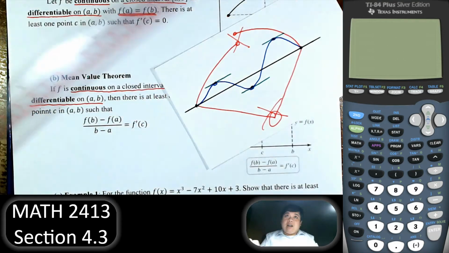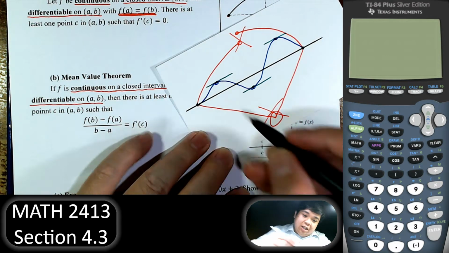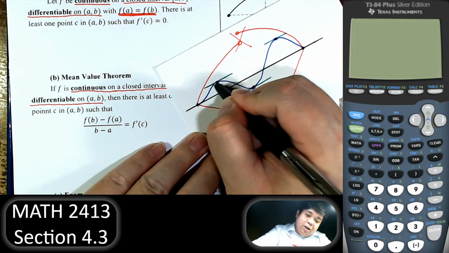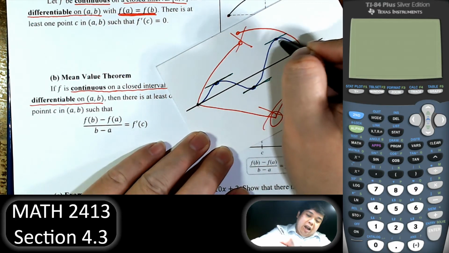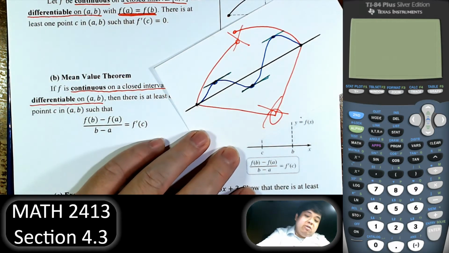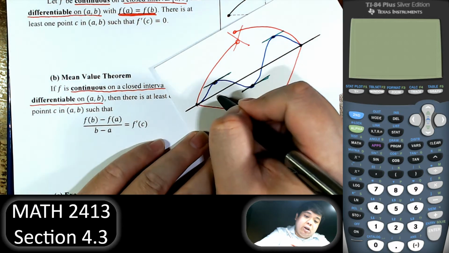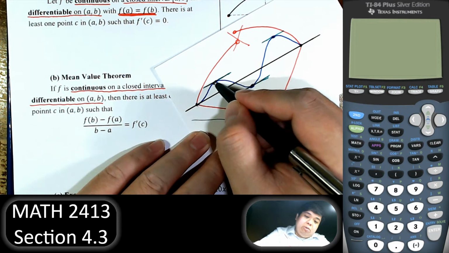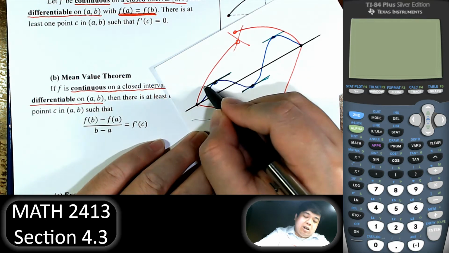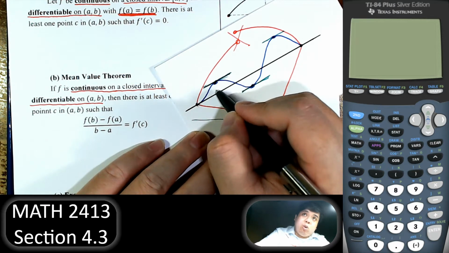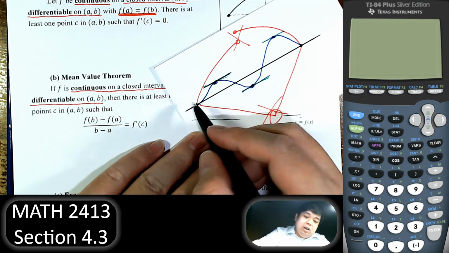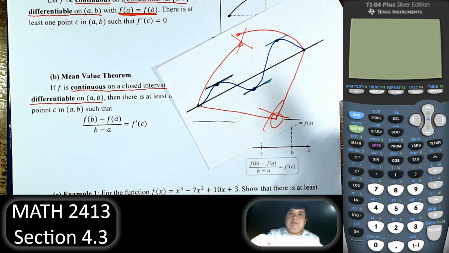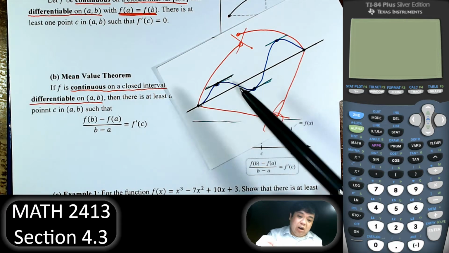The slope of that line will be the same as the slope of a tangent line at a point. And the mean value theorem says that there will be a point where the slope of the tangent line at that point will be parallel to the slope of the secant line.